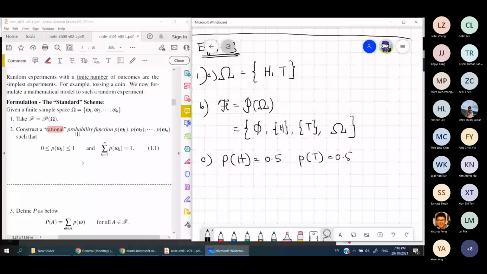I think it's clear. Clearly, these two are in between 0 and 1, and P of H plus P of T is equal to 1. Hence, we can say equation 1.1 is fulfilled.